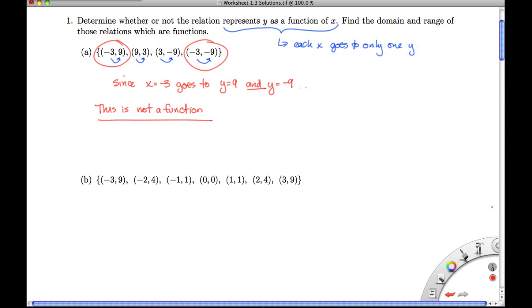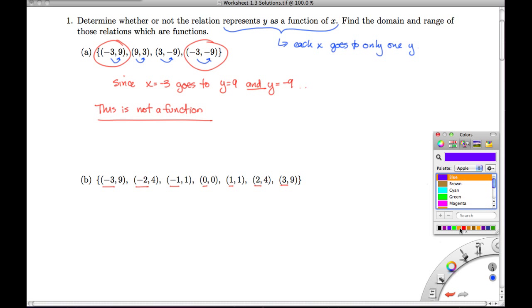So let's apply that sort of reasoning to B. We've got some more points. So I'm going to go ahead and identify the x's and then identify the y's. All of the x's that this relation uses are -3, -2, -1, 0, +1, +2, and +3.